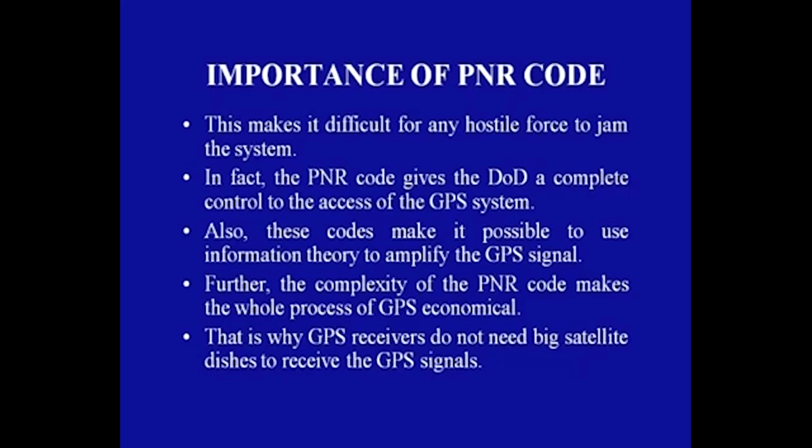In fact, the PRN code gives the Department of Defense complete control over access to the GPS system. Also, these codes make it possible to use information theory to amplify the GPS signals. Further, the complexity of the PRN code makes the whole process of GPS economical, and that is why GPS receivers do not require big satellite dishes to receive the GPS signals.